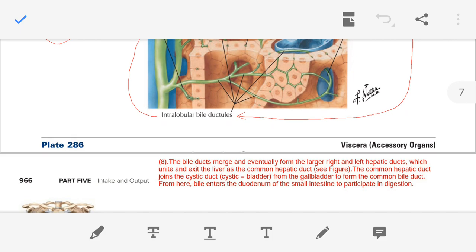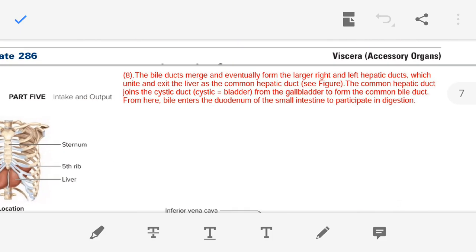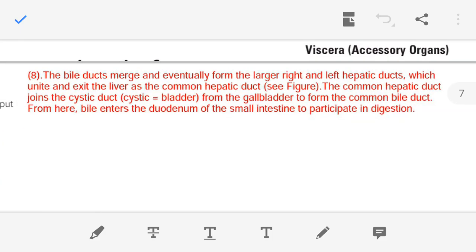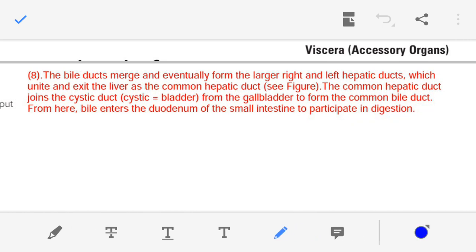Now moving on to the 8th point. Now what happens to the bile duct? The bile duct opens into the large right hepatic duct, and some bile ducts open into the left hepatic duct.